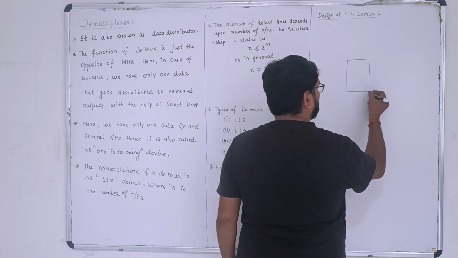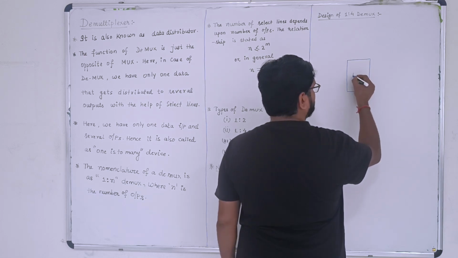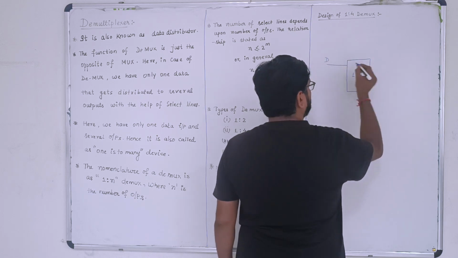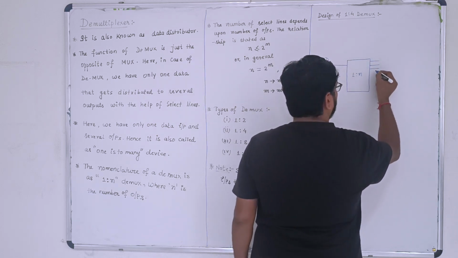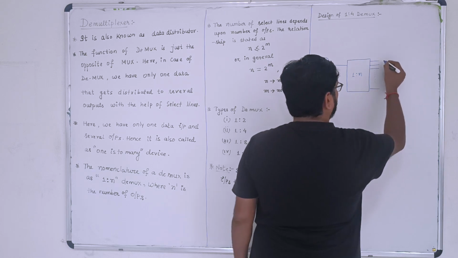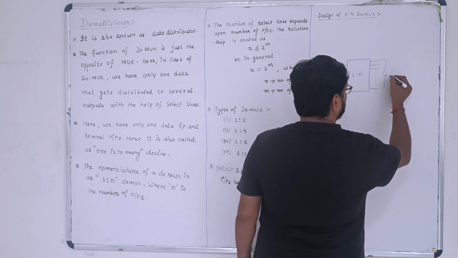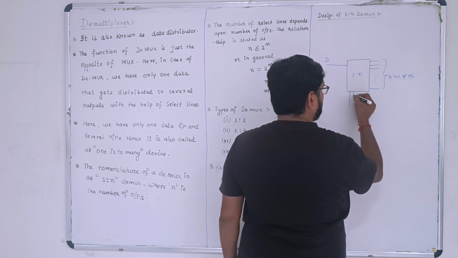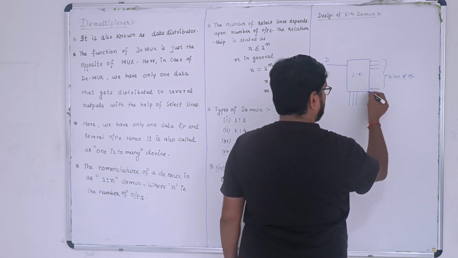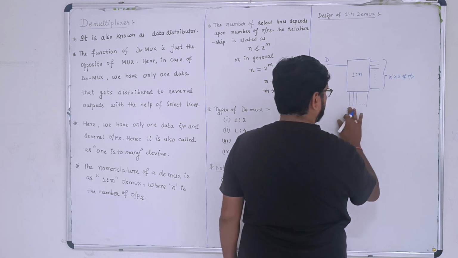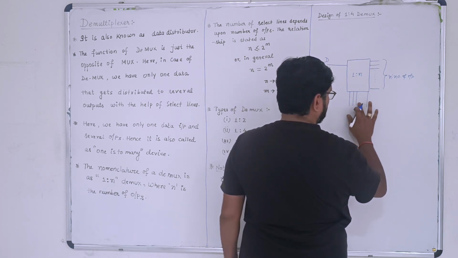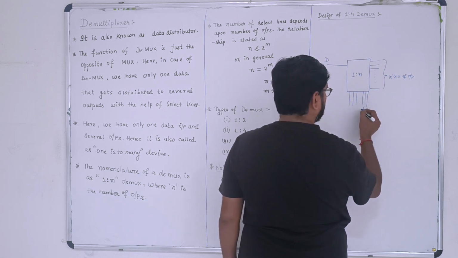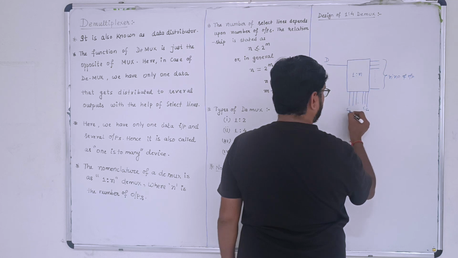The nomenclature of this demultiplexer is like 1:n, where we have only one data input, D, and n number of outputs, and we have m number of select lines, S0, S1, likewise up to Sm-1.